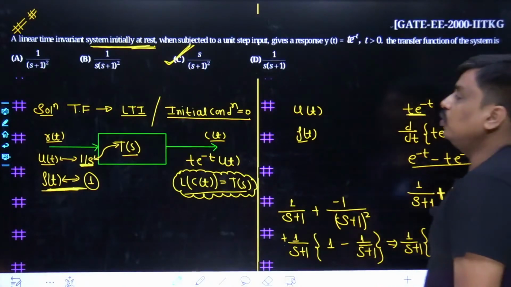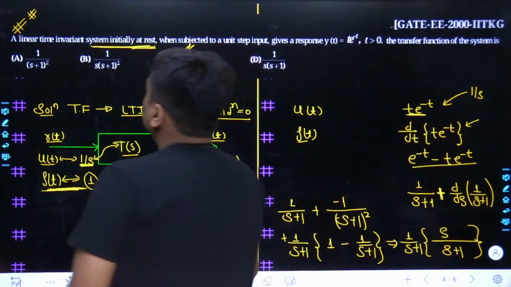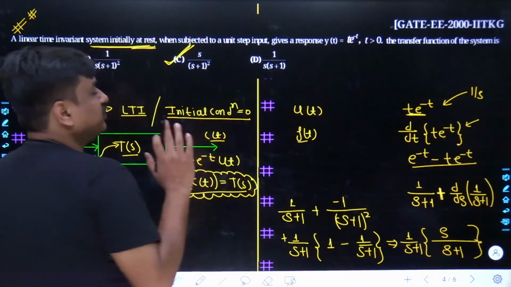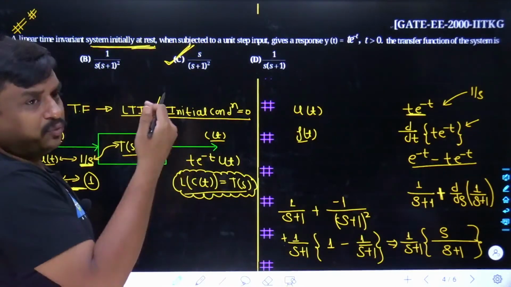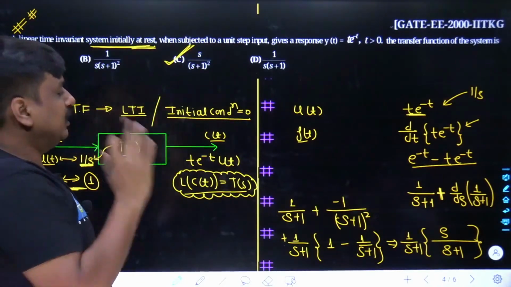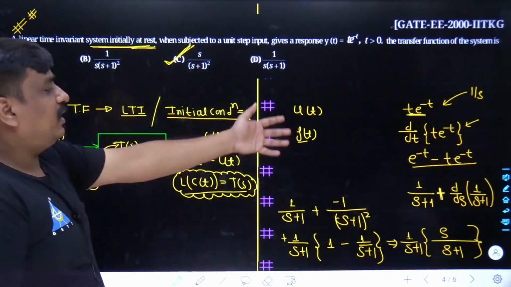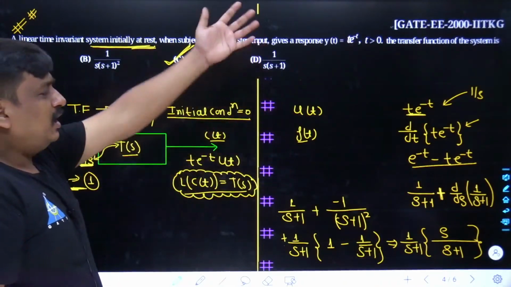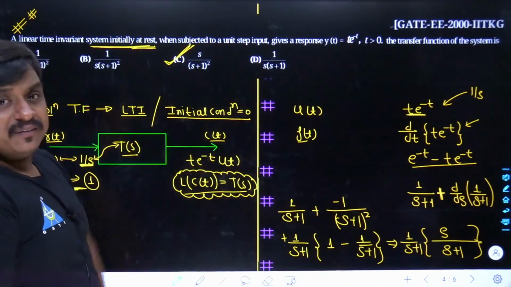Now, one more homework I would like to give over here. Initially the input was 1 upon s. Now that 1 upon s has to vanish, so in the Laplace domain also you have to do the calculation. Here everything was done with time domain analysis, differentiation in the time domain, and at last I took its Laplace.